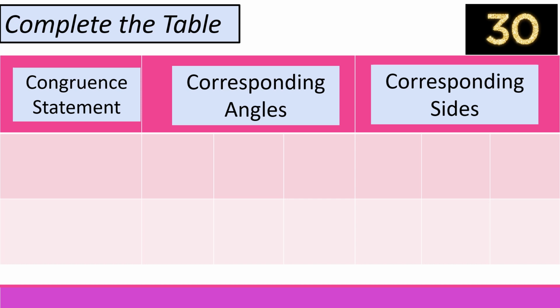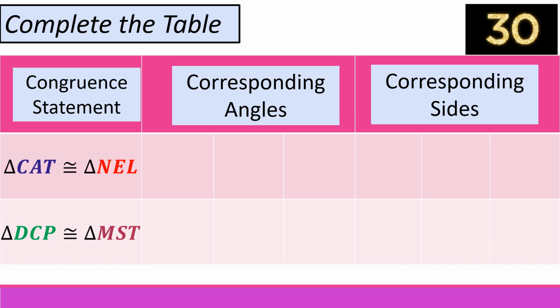You complete the table by providing the needed data. So in the table, we have there congruent statements, corresponding angles, and corresponding sides. Given the data on the congruent statements, triangle CAT is congruent to triangle NEL, and triangle DCP is congruent to triangle MST. You are going to provide the corresponding angles and the corresponding sides.